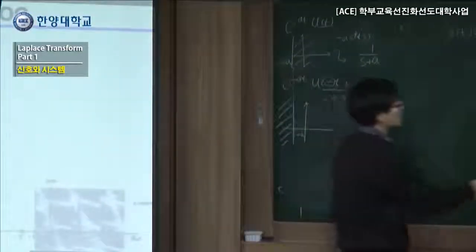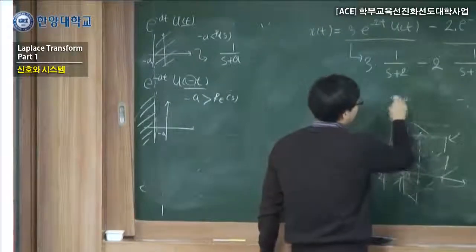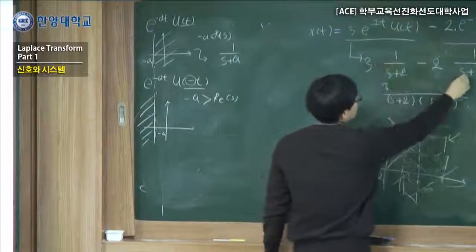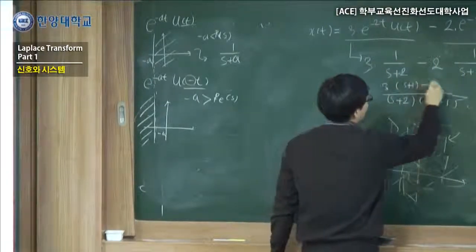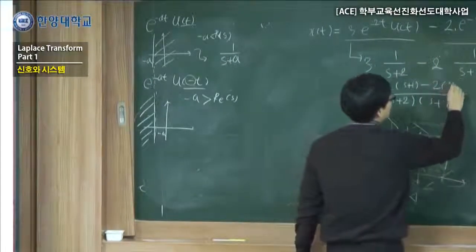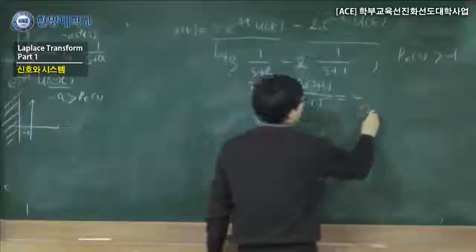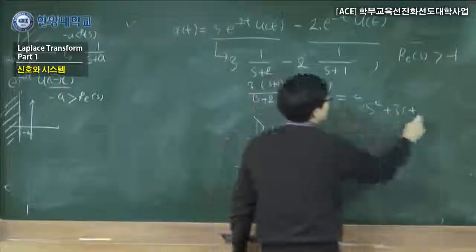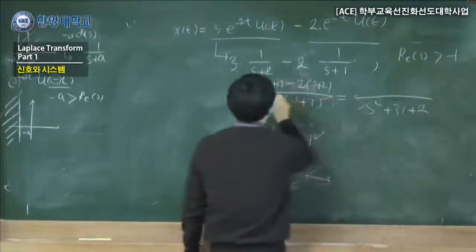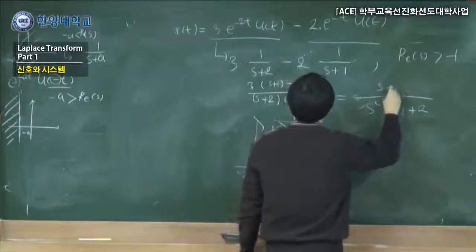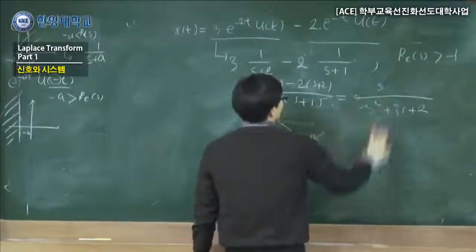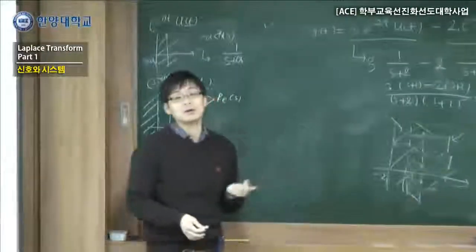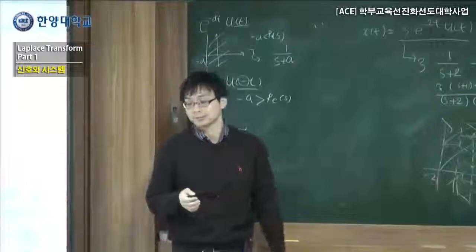Of course, you can say, okay, let's combine them over, 3 times (s plus 1) minus 2 times (s plus 2), which equals (s minus 1) over (s plus 2)(s plus 1). Either one is fine. Doesn't matter.